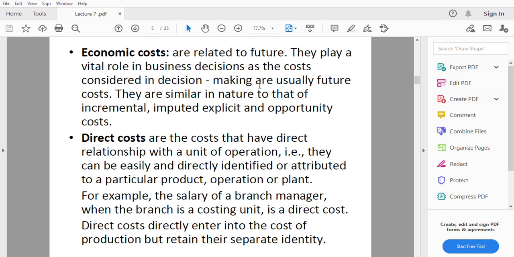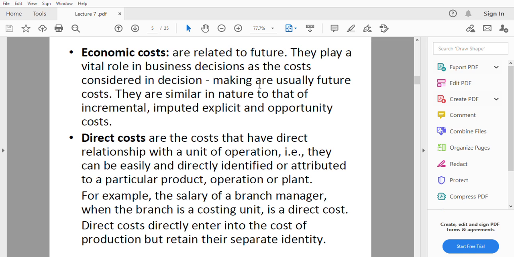Let me give you an example. If you decide to produce fan ice instead of fan yogo, and in producing fan yogo you get a profit of 20,000 Ghana cedis, and in producing fan ice you get a profit of 100,000 Ghana cedis.